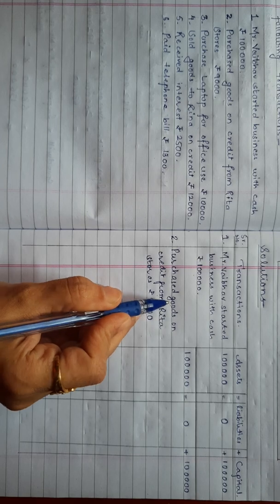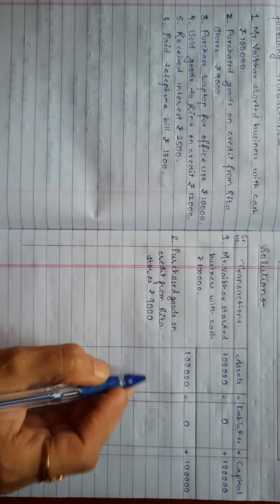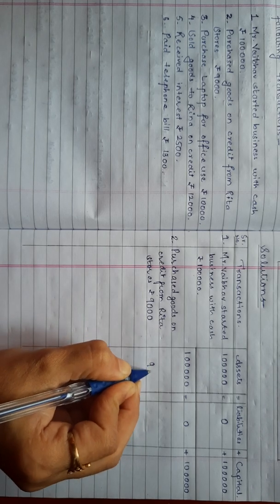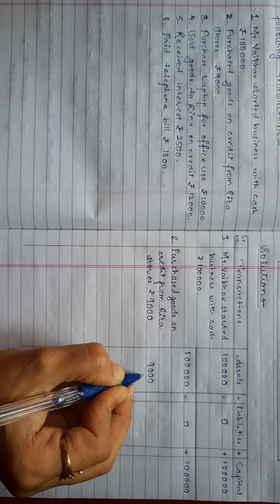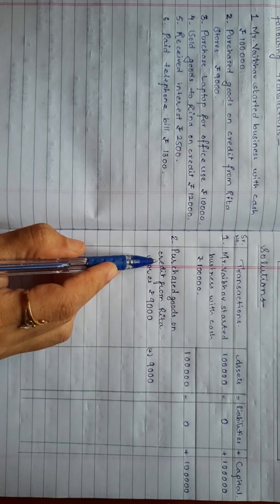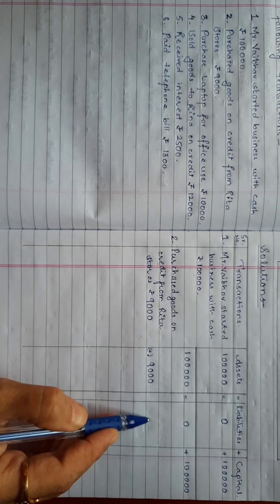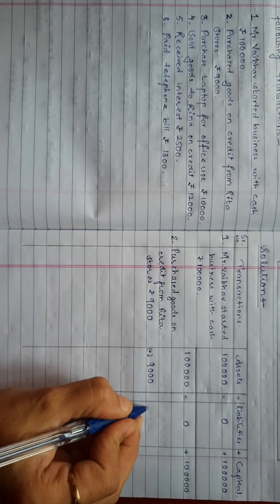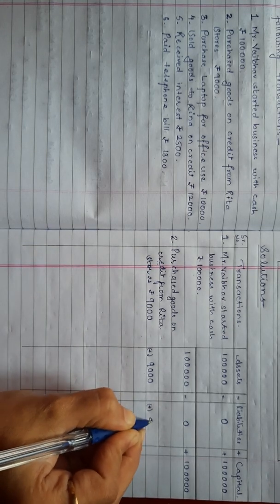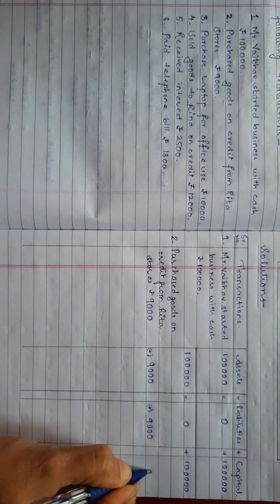Here the goods are purchased. It means goods will come in, or you can say assets will increase. 9,000 goods are coming in, so assets are increased by 9,000, and it is purchased on credit. Credit means loan, and loan is nothing but liability. So here the liability is increasing by 9,000. The capital in this transaction is 0.